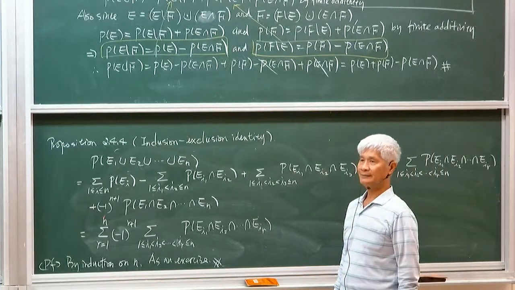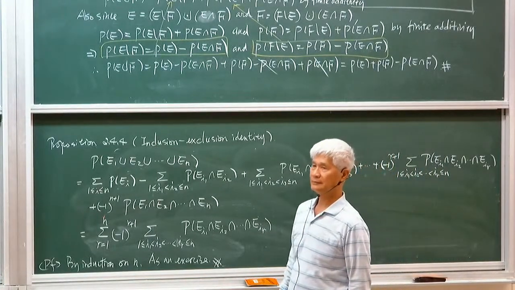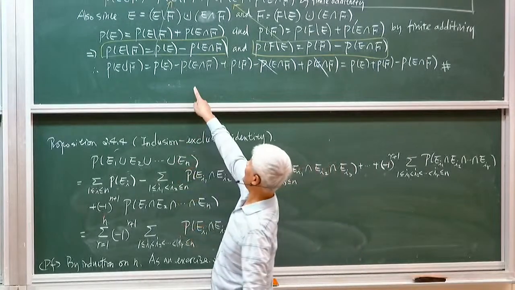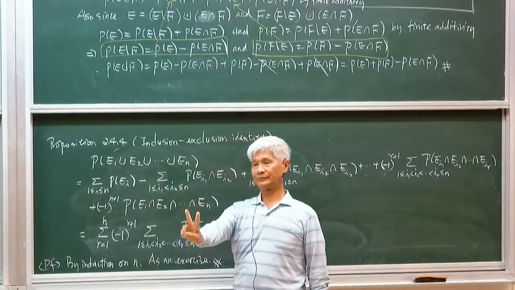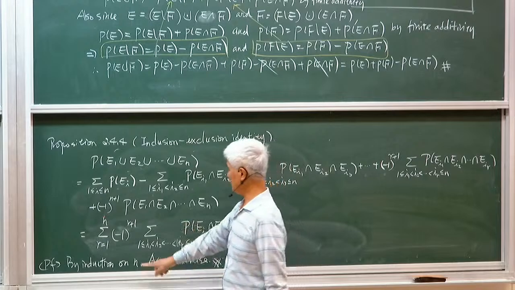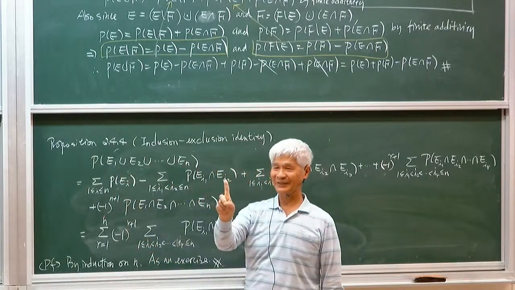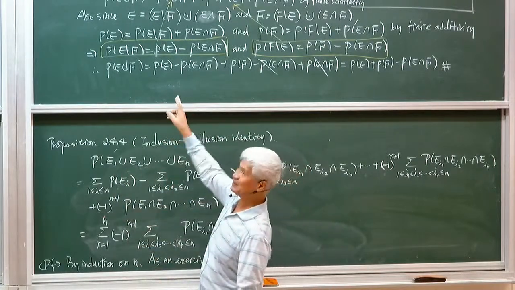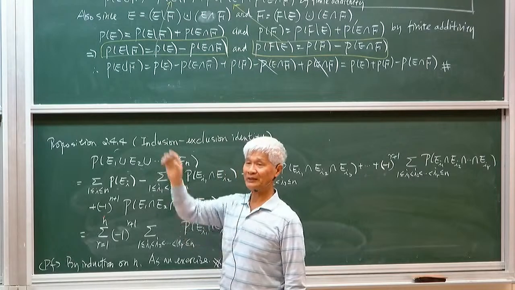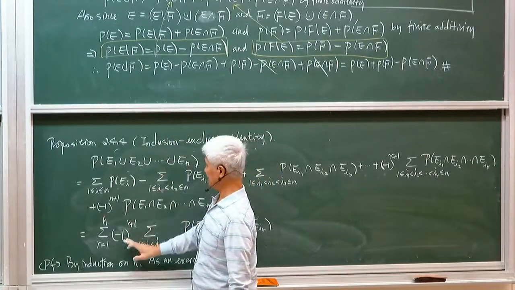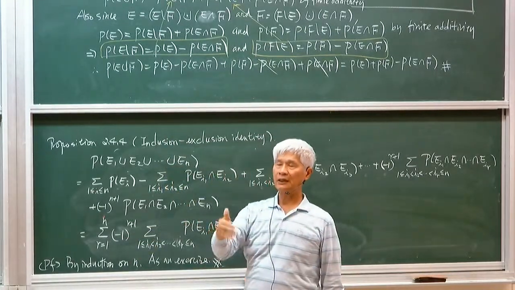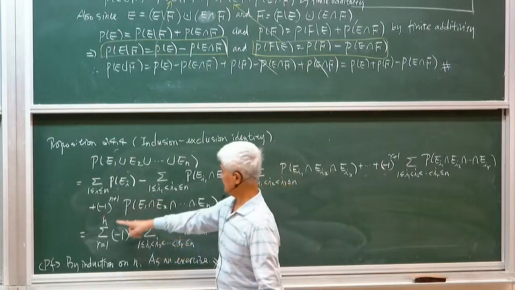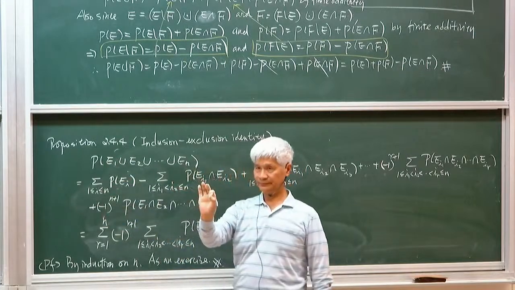Okay. So we take the first one as the base one? Yeah, the base one, because we have already done n equal to 2. For n equal to 1 it is simple, right? And 2 is a little bit complicated, but it's still simple. We have already proved it. And so the induction step is that we assume this formula is true for n.